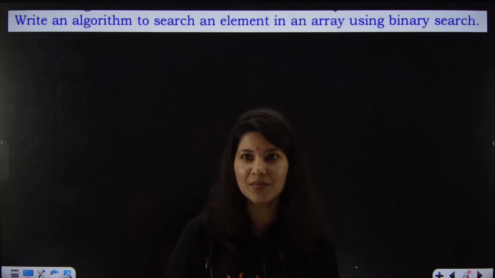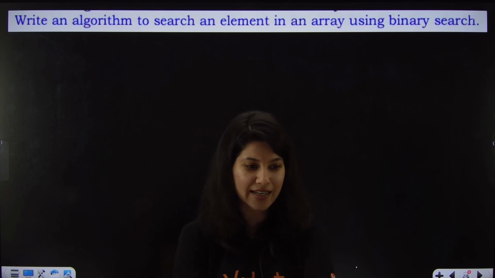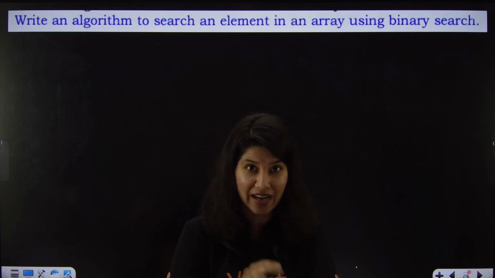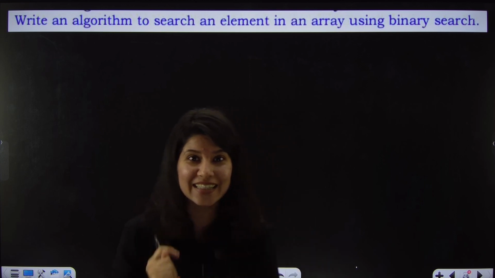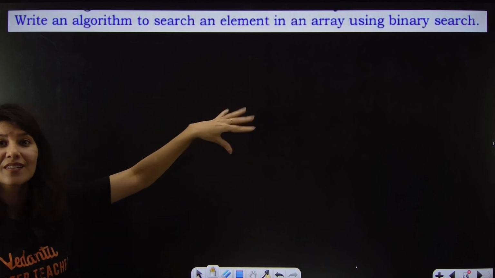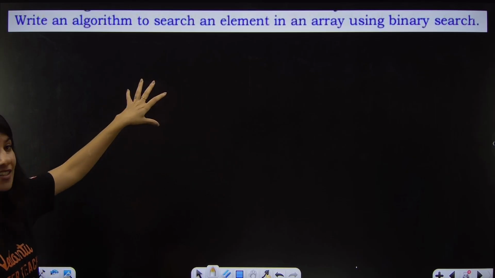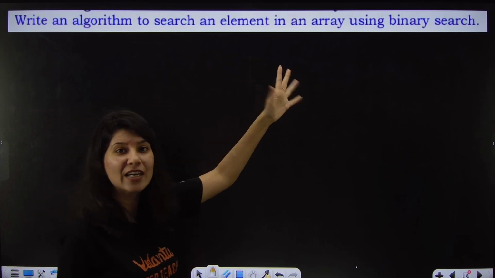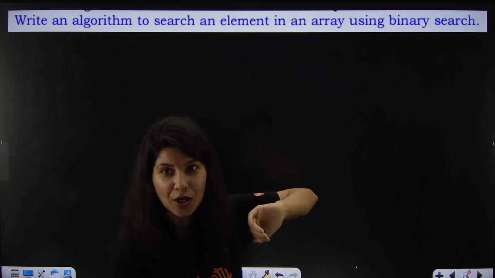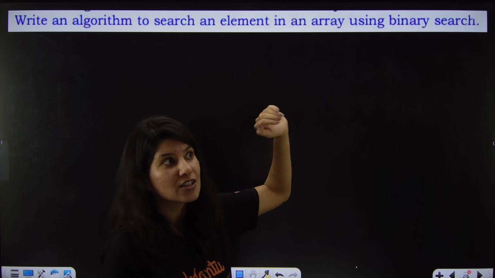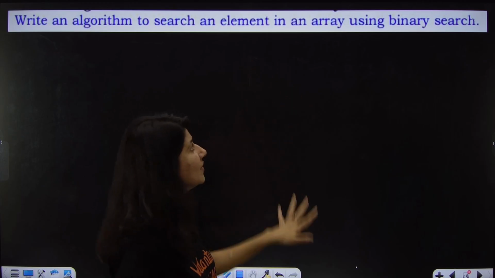I never used to understand where exactly my error was, where I forgot to apply a curly bracket. So I used to like this chapter a lot, even in my engineering times, because there is no such programming involved. They just want us to write the algorithm.